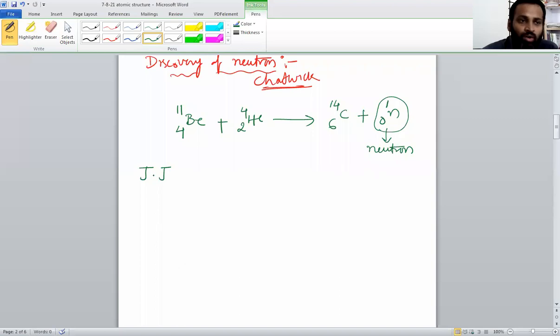So to understand the positions of electron, proton, and neutron, we have atomic models.